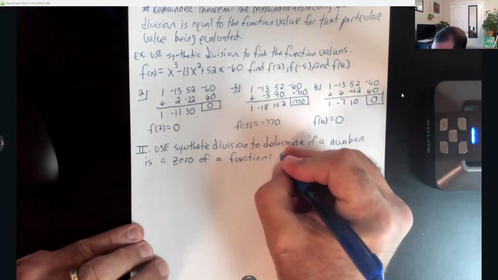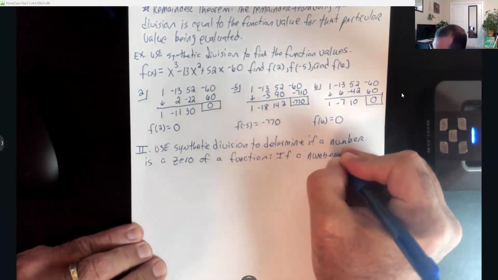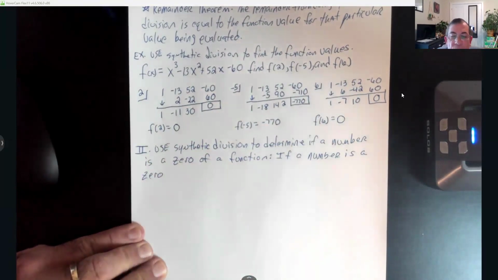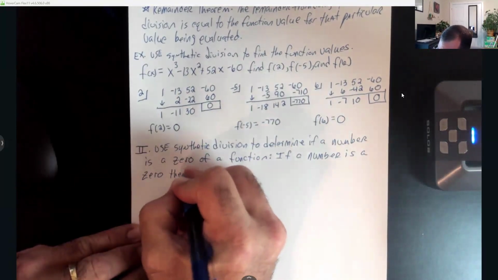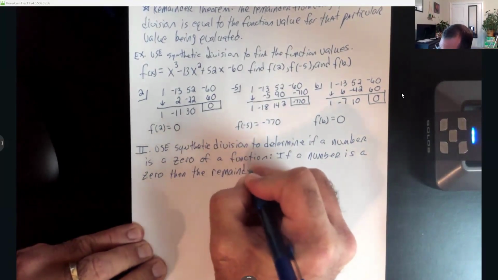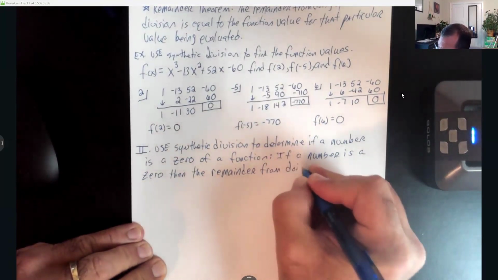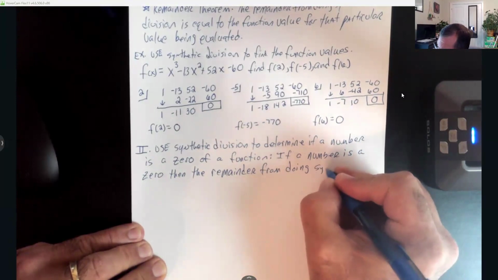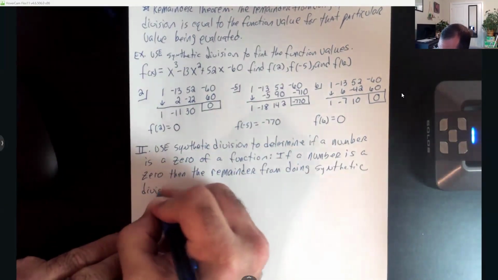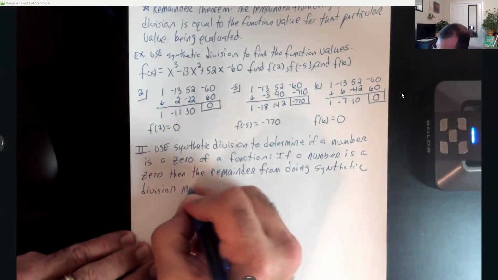So here's the thing. If a number is a zero, then the remainder from doing synthetic division must be zero.